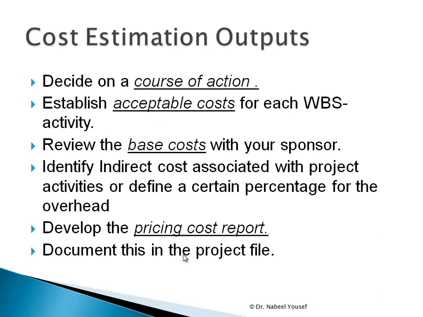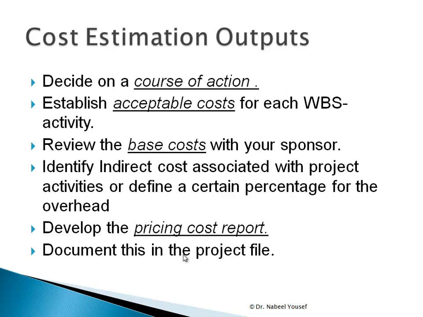Once I finish the estimation, I will be done with actually deciding what course of action to take. We establish the acceptable cost for each activity, then review the base cost with the customer or the sponsor to make sure that it's acceptable, then identify the indirect costs associated with project activities or define a certain percentage for the overhead.